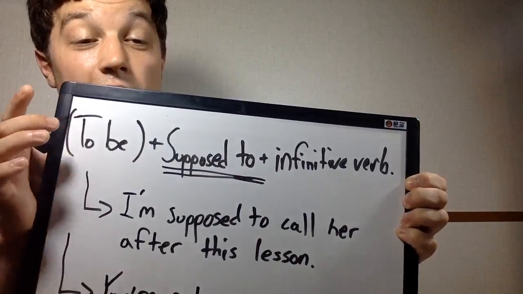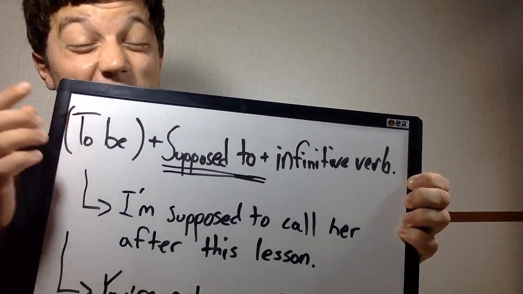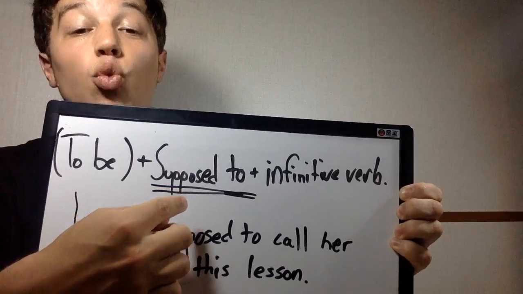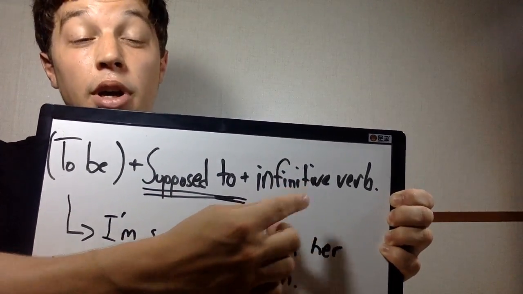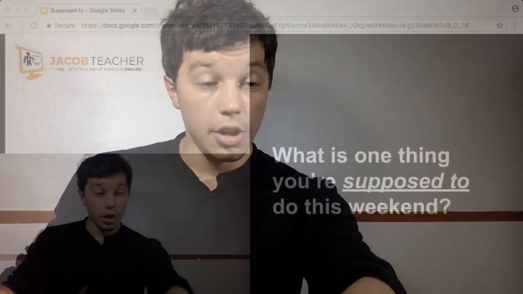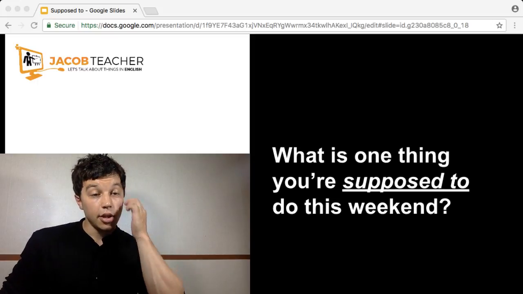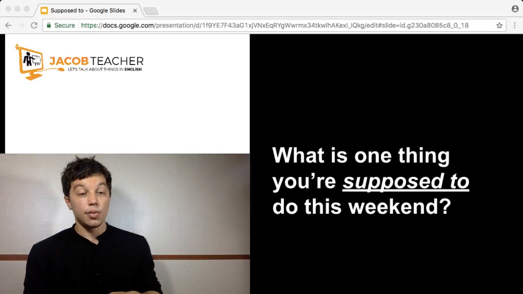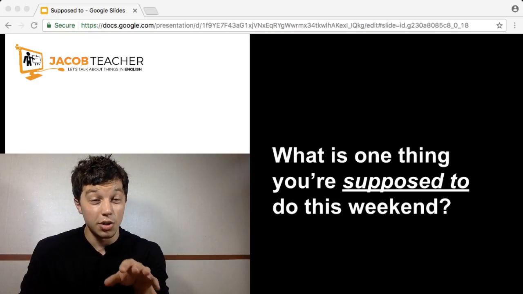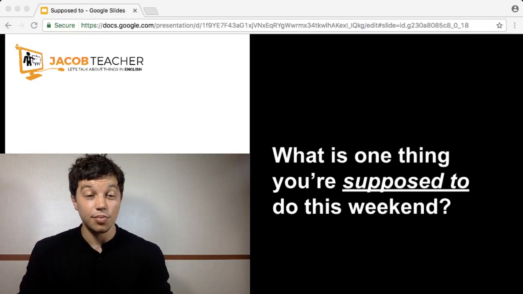So we need that verb, to be, some form of it. We need supposed to, and then we need the infinitive verb. Infinitive verb just means the verb without to in front of it. So to go back to your sentence, you could say, no one is supposed to dance, or you aren't supposed to dance. Okay?